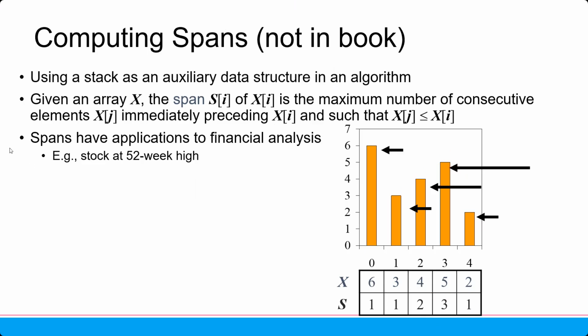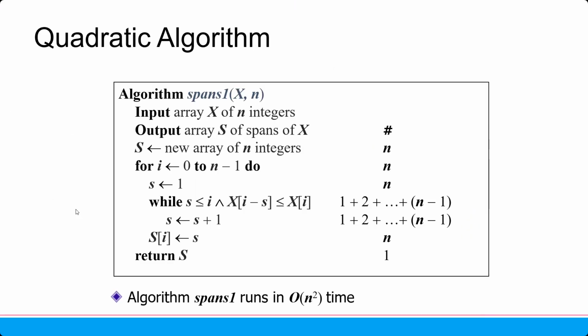In this case, we can see in the stock how many times the price is at the top, and how many times we need to wait until the price is high. We can have an algorithm like this.